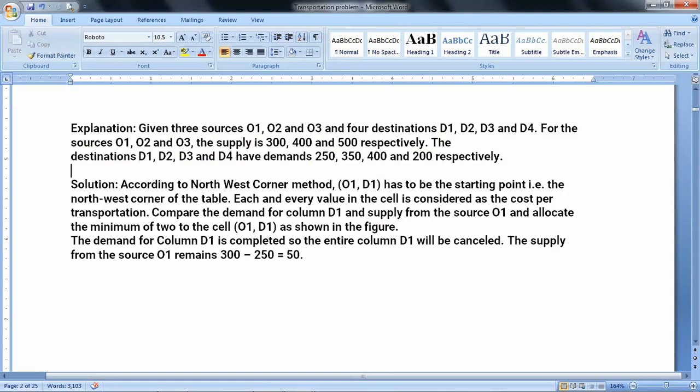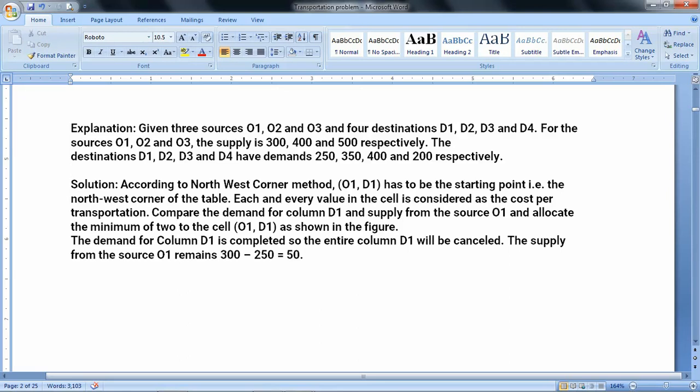Now, starting the northwest corner method, we start from the northwest corner cell, that is O1D1. The top left cell, O1D1, has to be the starting point, that is the northwest corner of the table.